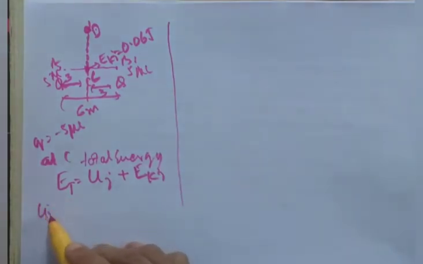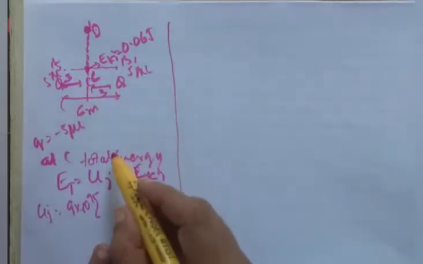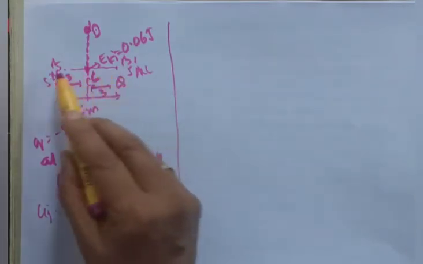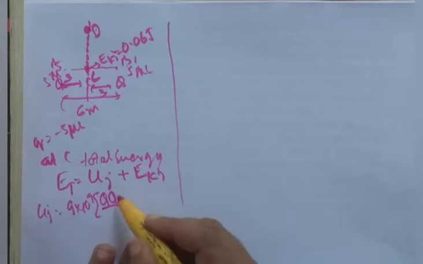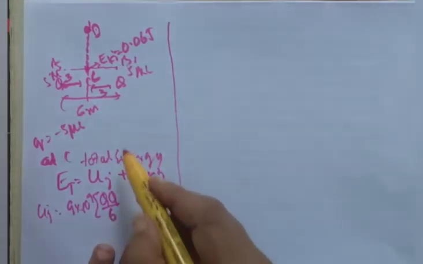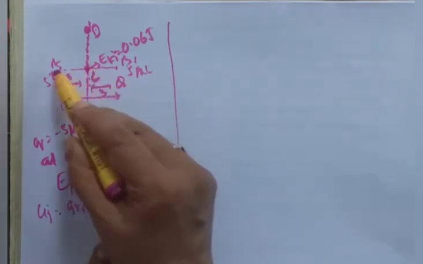UI is K, that is 9 into 10 raised to 9, to be taken out, and the net charge potential to be written. First we take charges at A and B, that is Q into Q by the distance between them, 6, and then when we place small q, that is minus 5 micro here, two more terms to be written with this 5 and this 5.